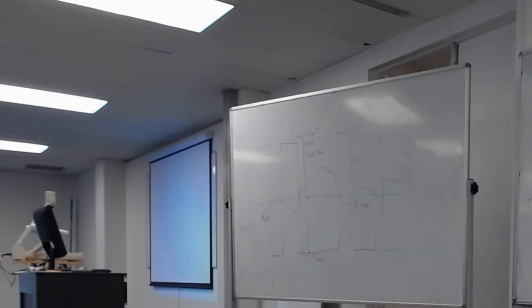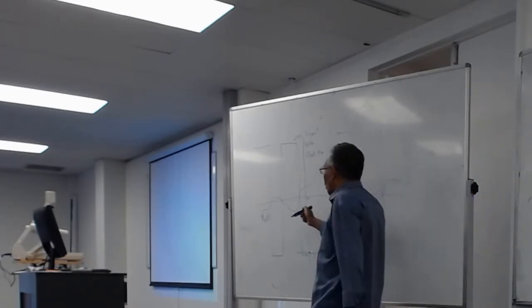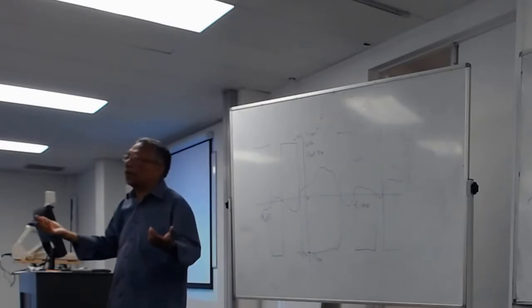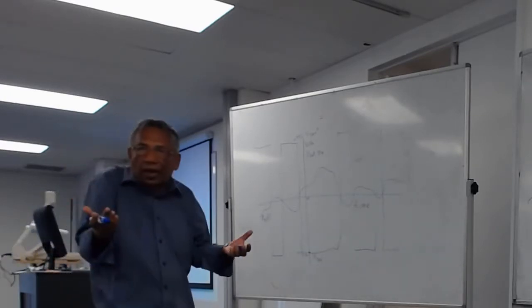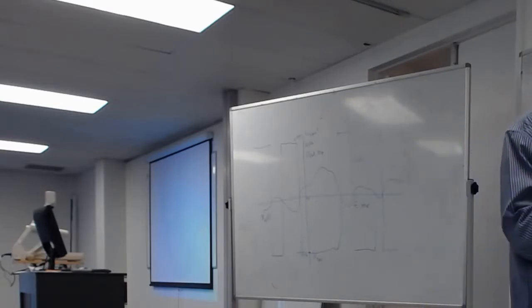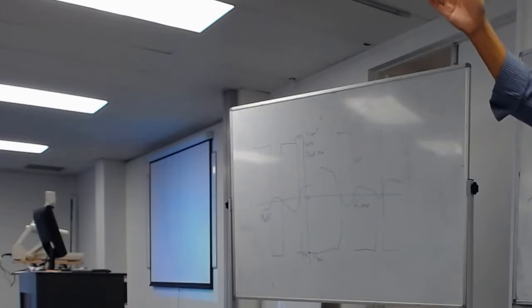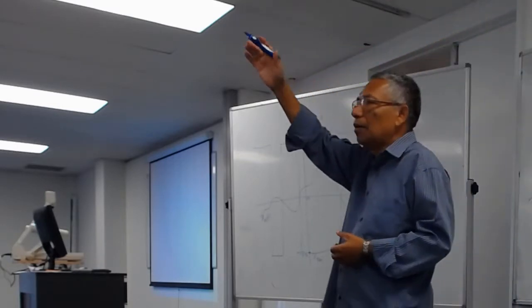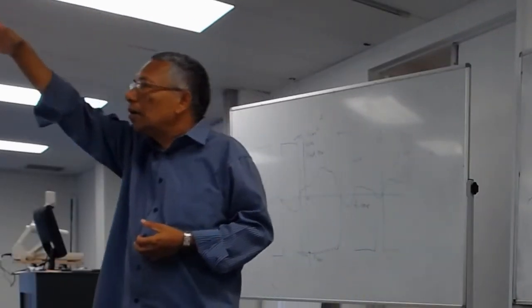What can you detect in the input by using this comparator? What kind of detector can it be? What can it be used for? To detect what? Anybody? Exactly.